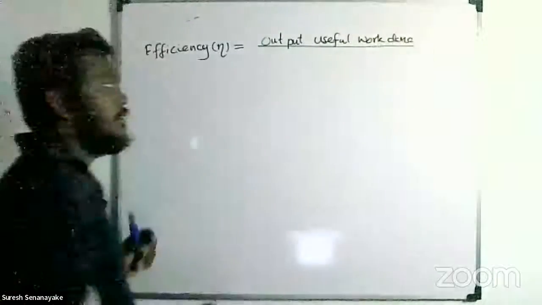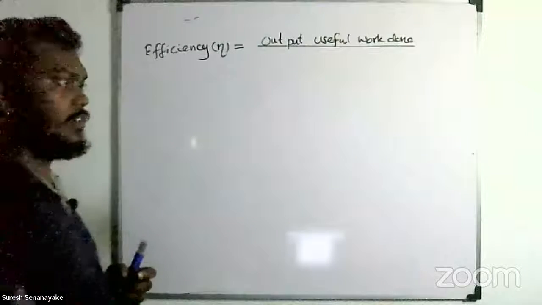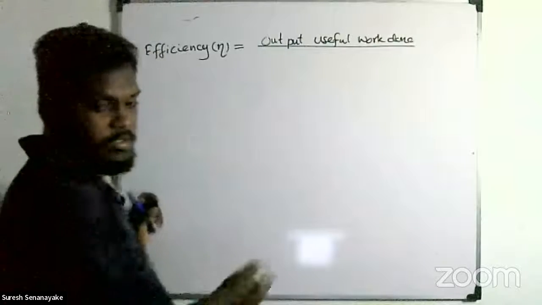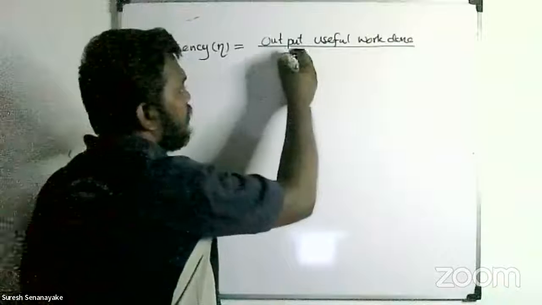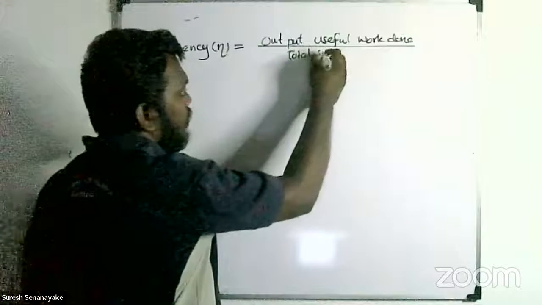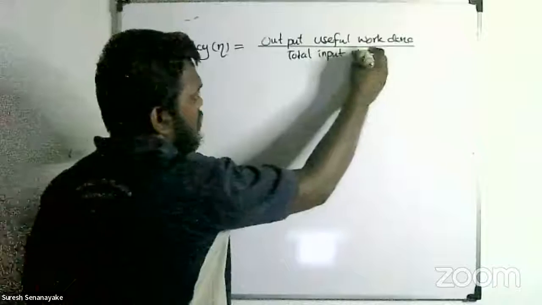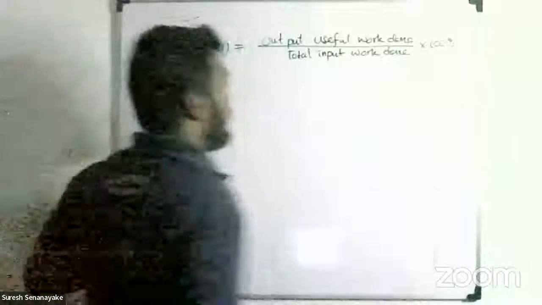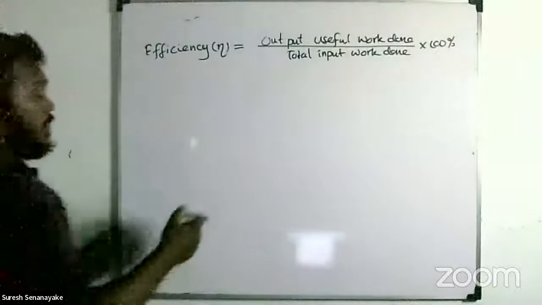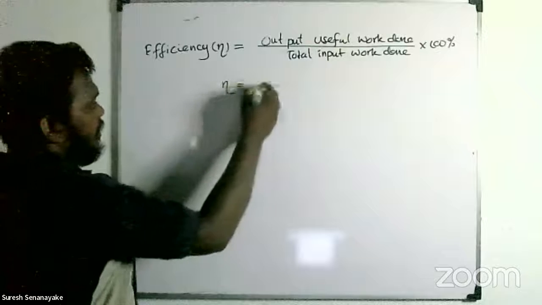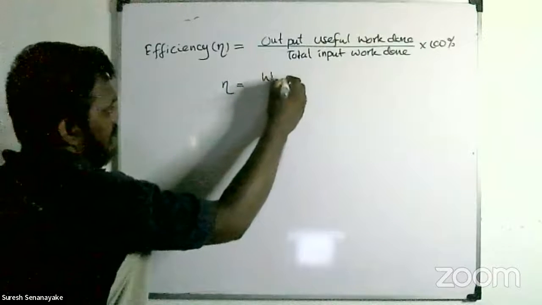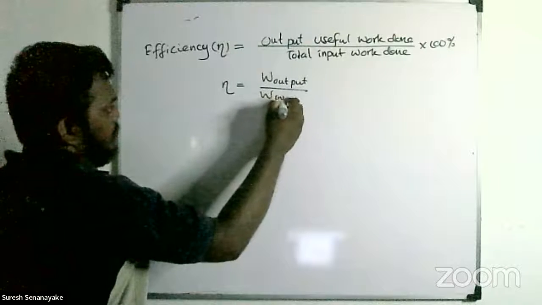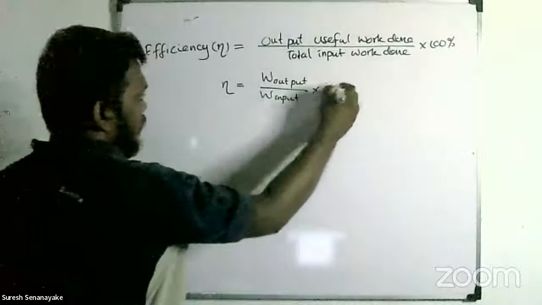Unwanted energy or work done we don't need to write, because heat and sound are not wanted for a machine, though heat is wanted for a heater. Then divided by the total input work done, multiplied by 100. Generally we express it as a percentage. For a heater, you can write the work output divided by the work input, multiplied by 100%.